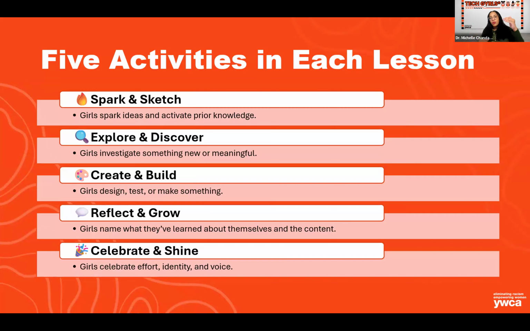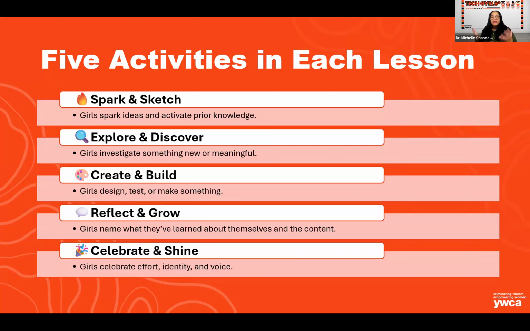So we start by activating prior knowledge and sparking ideas. That's the Spark and Sketch. We then go into Explore and Discover, which investigate something new and meaningful, but there's also personal connection as they are exploring and discovering. That's brain-based science. Then they get to create and build something where they're designing and testing, and they're just making something hands-on, real, again, brain-based.